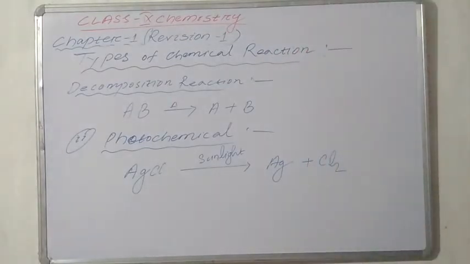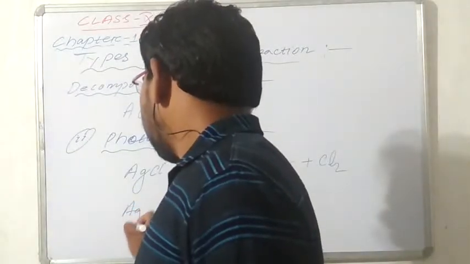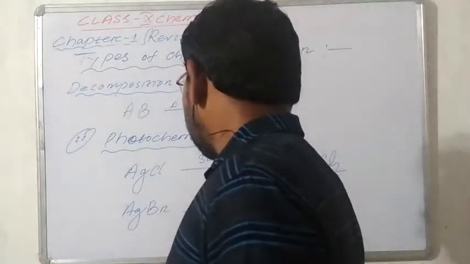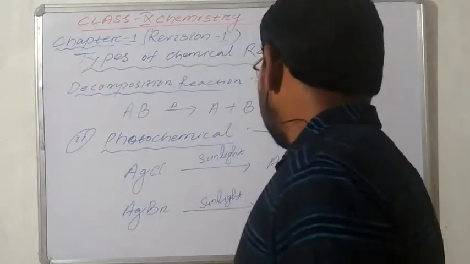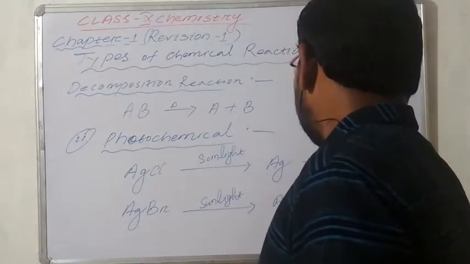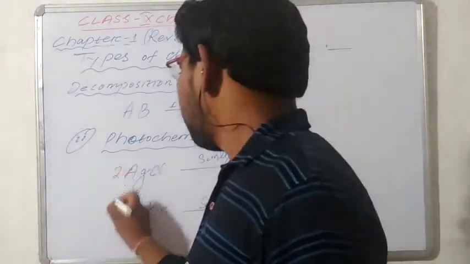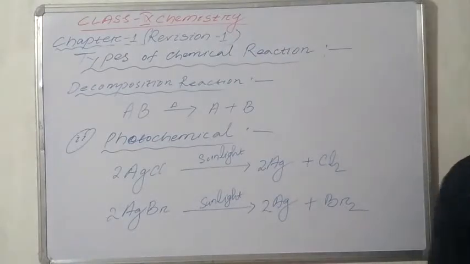Another example is silver bromide, AgBr. This also decomposes in the presence of sunlight and changes into silver and bromine gas. You have to multiply by 2. So these are photochemical reactions.